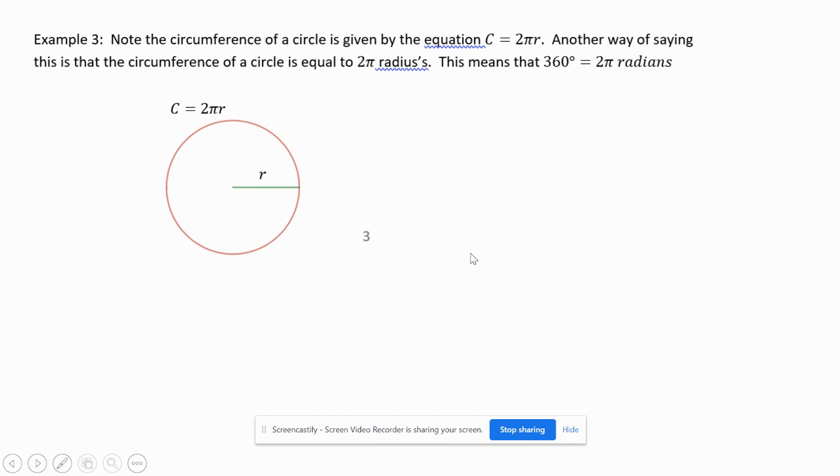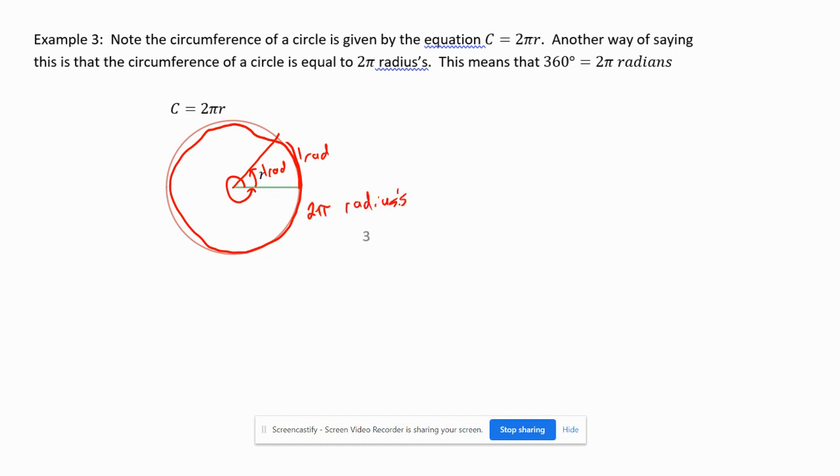Example 3. Note that the circumference of a circle is given by the equation c equals 2 pi r. Another way of saying this is the circumference of a circle is equal to 2 pi radiuses. So if you go from here to here, and this is 1 radian, that means I'm traveling 1 radius. If I go all the way around the circle, it's going to be 2 pi radiuses.